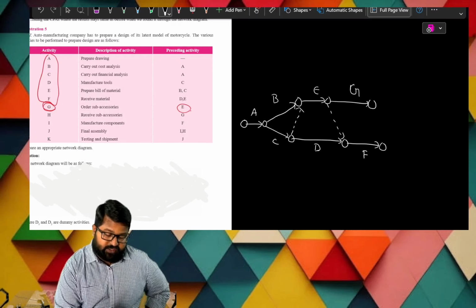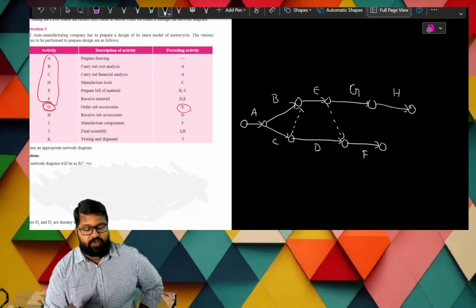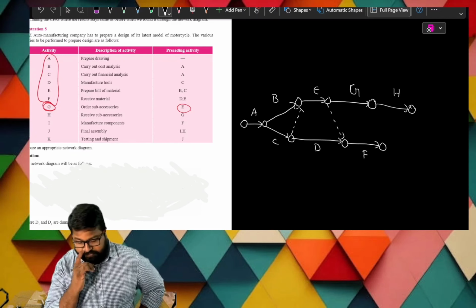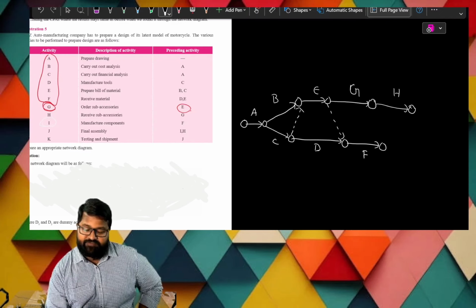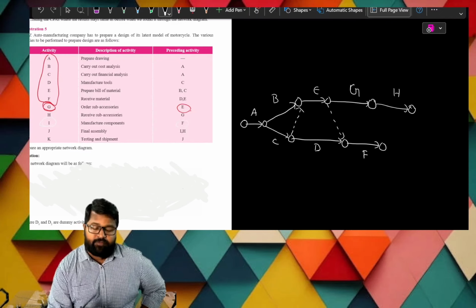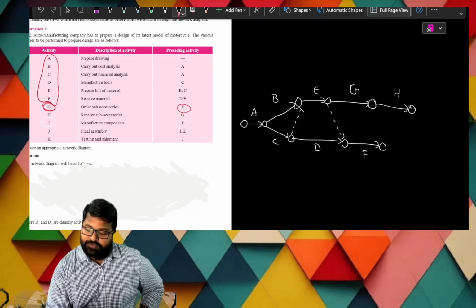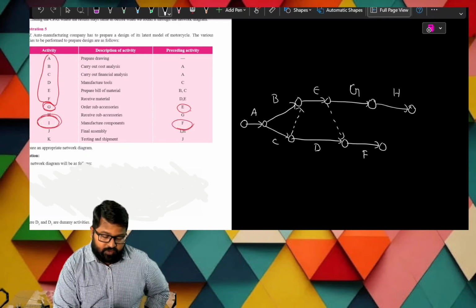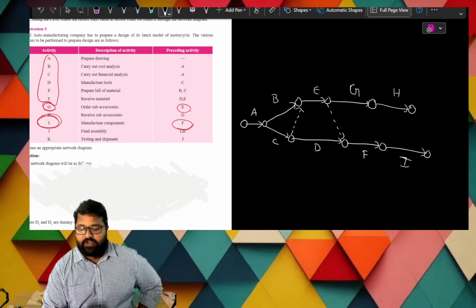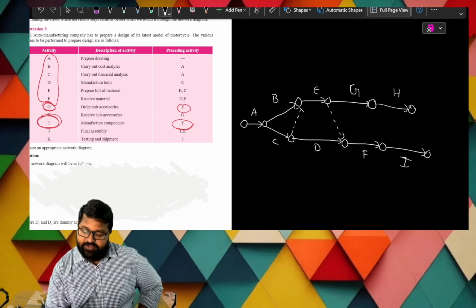Next, I is emerging from F. So I has emerged from F. Done. Next, J is emerging.